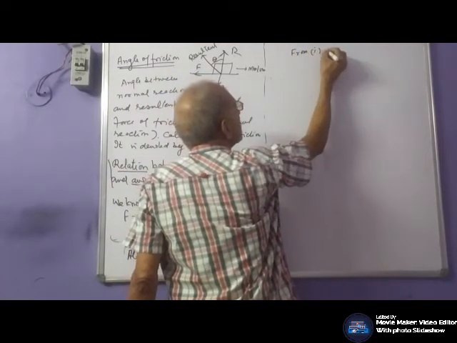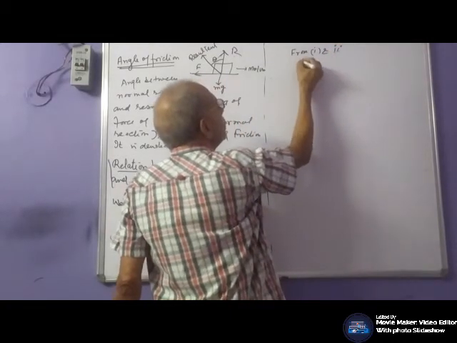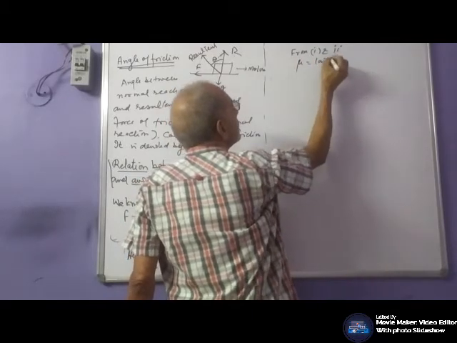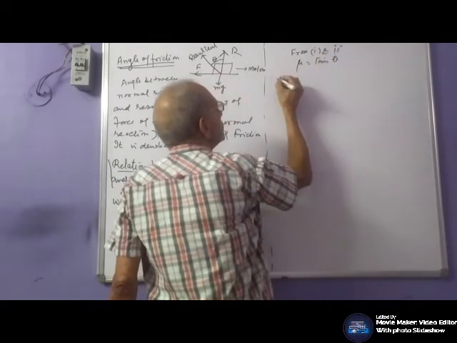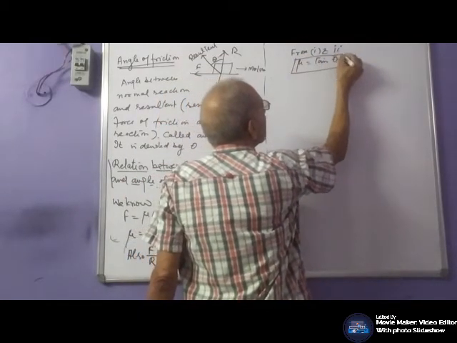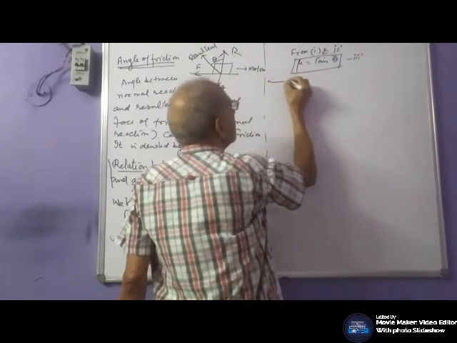From first and second, mu equals tan theta. So this is what relation between F and R.